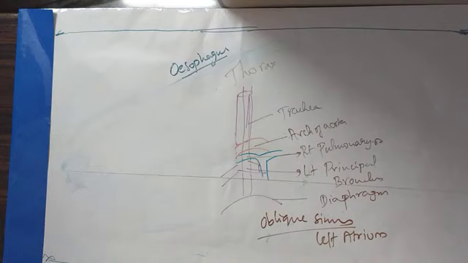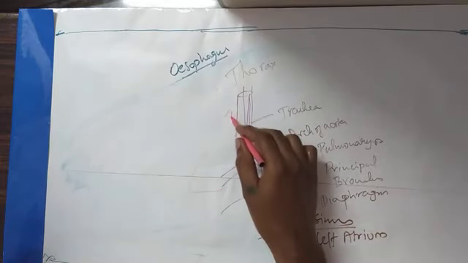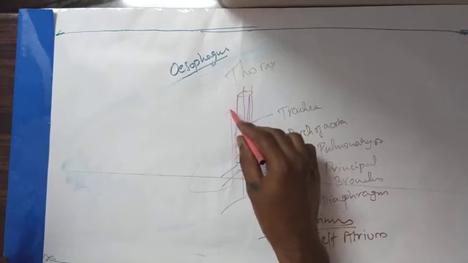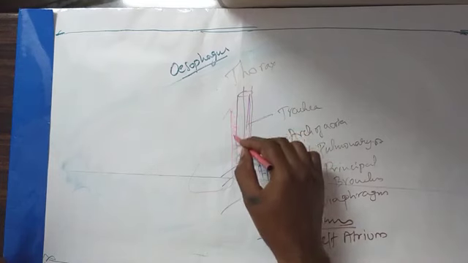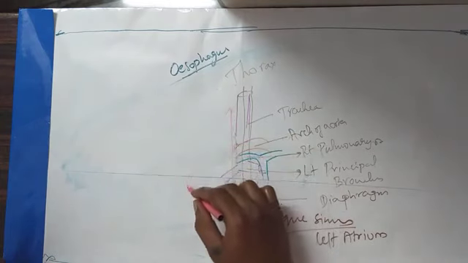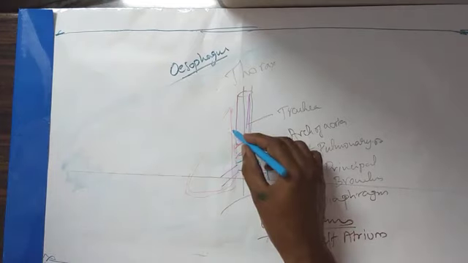Then what about the relations of the right side? So what lies right to this in the thoracic region? This is the right lung. So mediastinal surface of the right lung, if you see there, you'll be finding an impression formed by the esophagus. And apart from that, what is the one of the tributary going to this superior vena cava, which is on the right side?